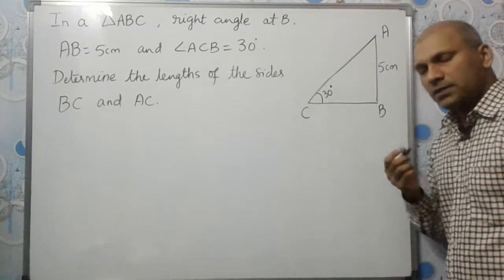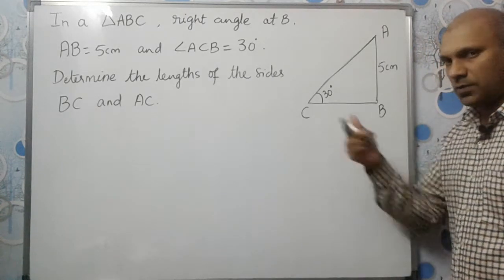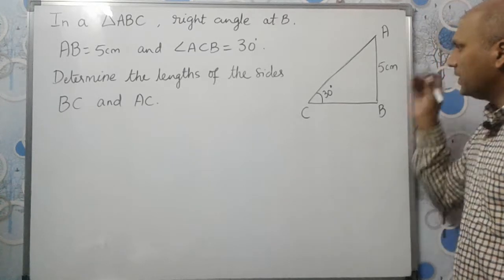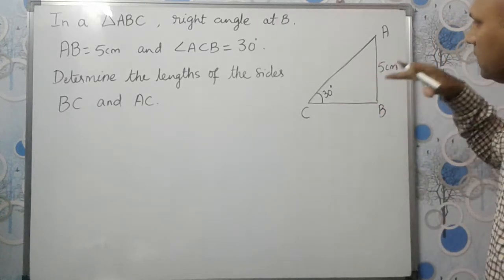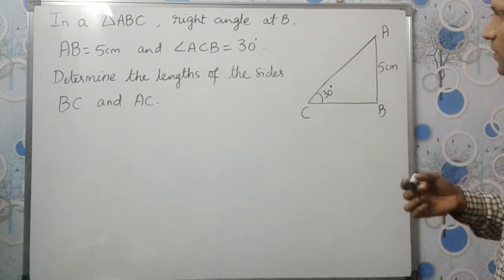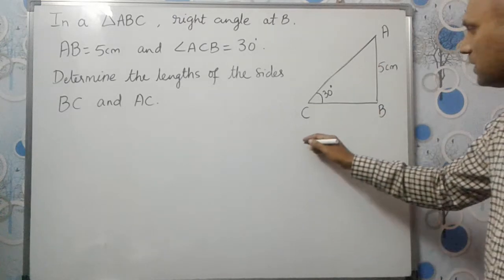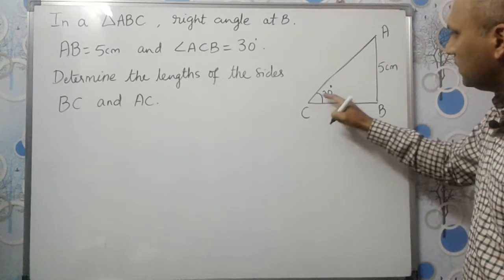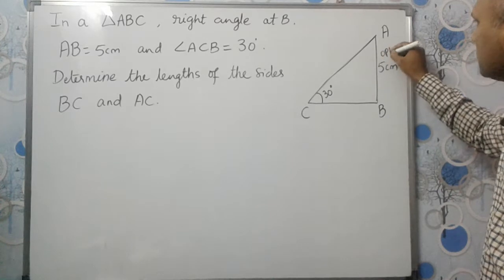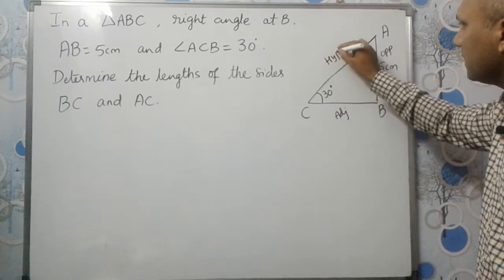Can we use Pythagoras theorem in this? See, in the previous problems, when two sides were given, we were using Pythagoras theorem to find the third side. But here only one side is given to us. Two sides are unknown, so we cannot use Pythagoras theorem directly. To this angle, this is the opposite side, this is adjacent side, and hypotenuse is AC.